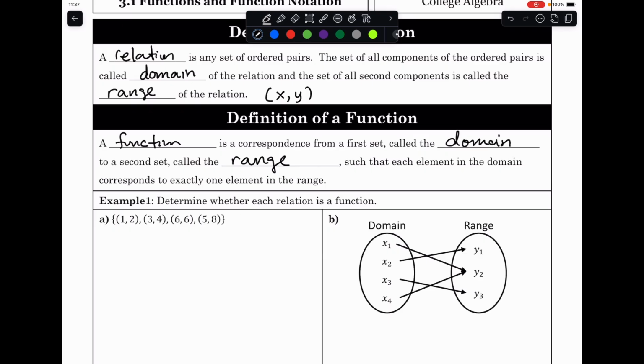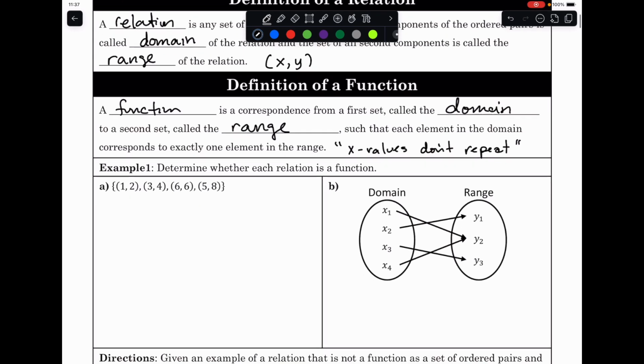In Algebra 1, the first time you were introduced to this, that concept was simply explained as your x values, or your first component, your domain, cannot repeat. So as long as your x values don't repeat, then the relation can be classified as a function.